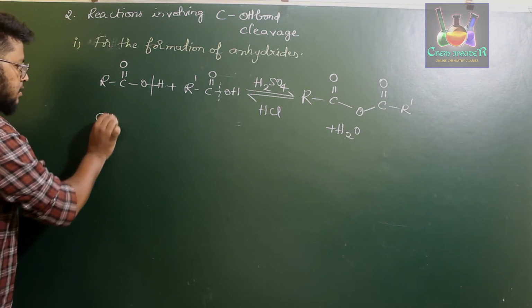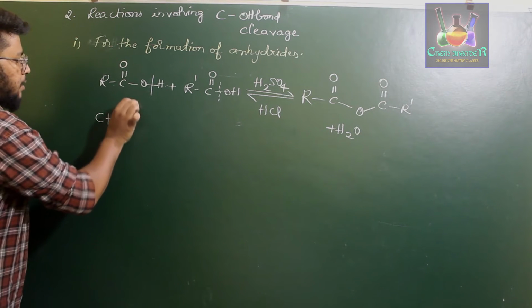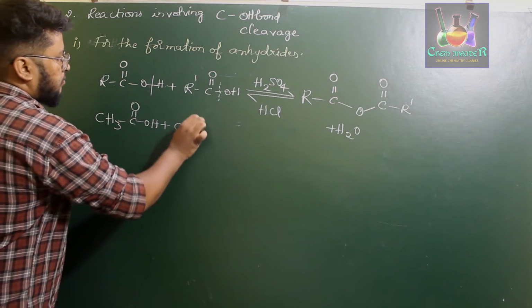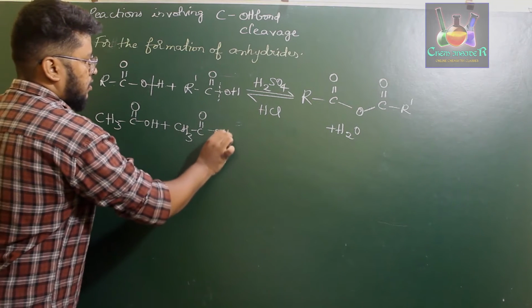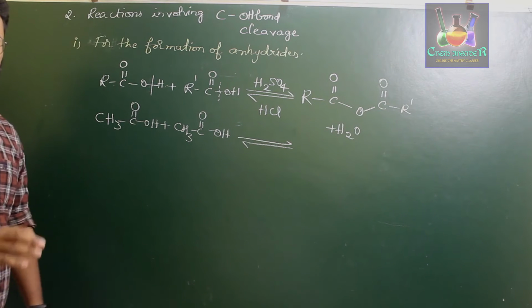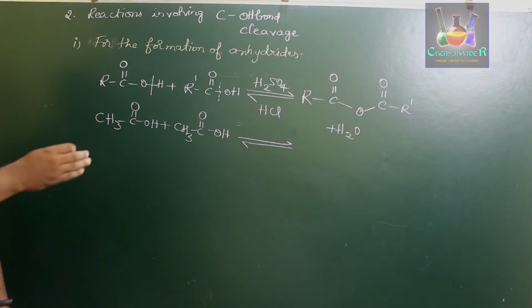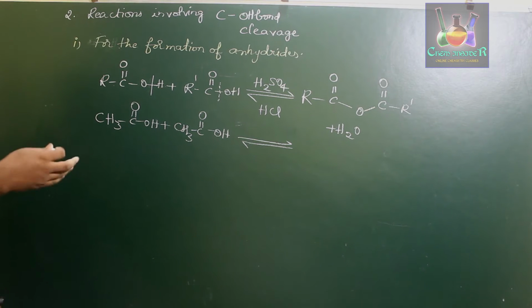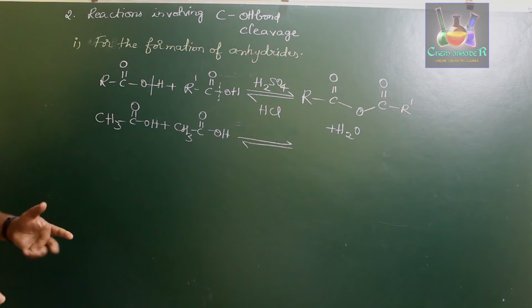In the first place, let us treat ethanoic acid with one more molecule of ethanoic acid, CH3COOH. This reaction is clearly a reversible reaction. Due to the presence of water and the acidic condition, the reaction may be reversible.